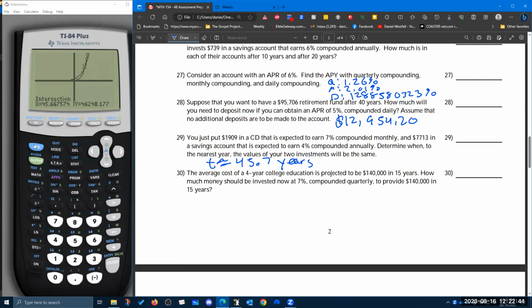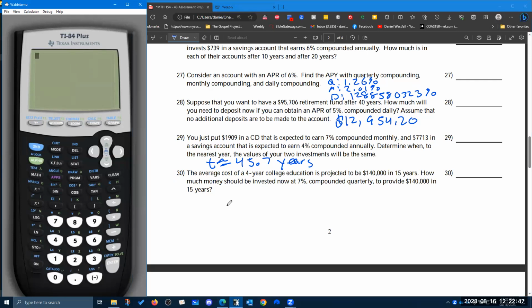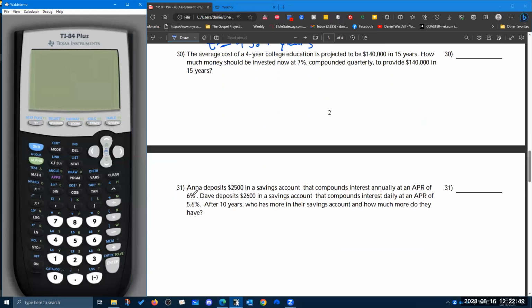The average cost of a four-year college education is projected to be $140,000 in 15 years. So if you want to invest now to save for that, you want the final value of your investment to be $140,000. And you can get a 7% interest rate right now. It's compounded quarterly, so there's going to be 60 compounding periods.